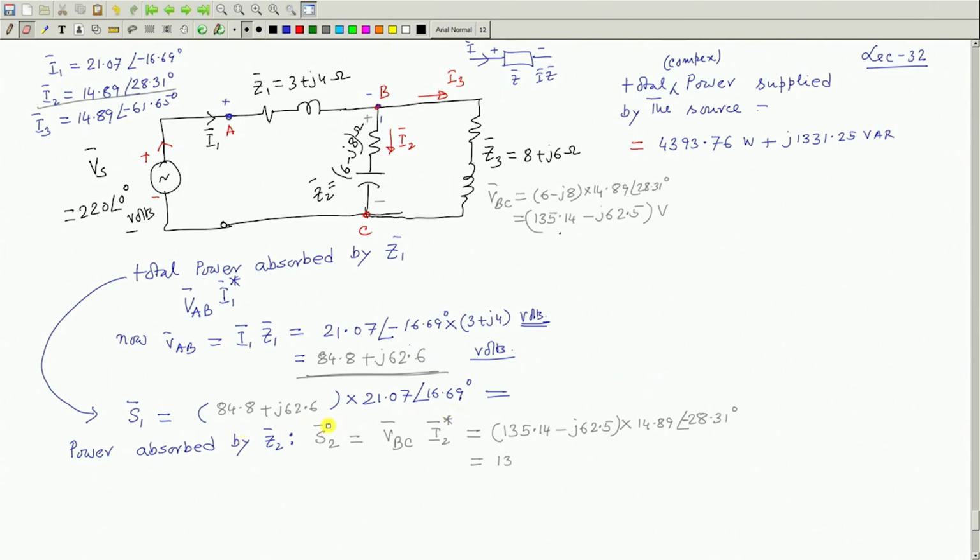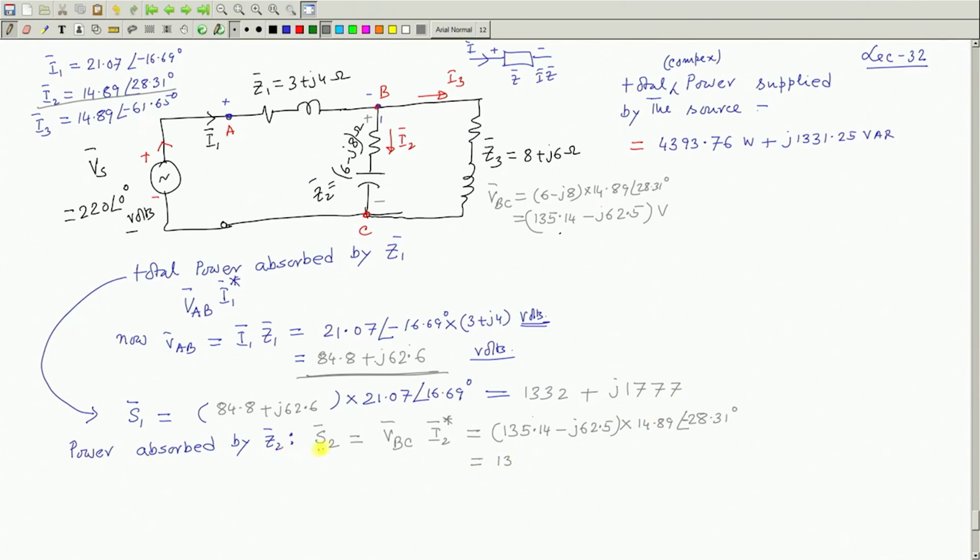So, I star into V, 1332 plus j 17. This will be the thing I have told, there was some calculation mistake.